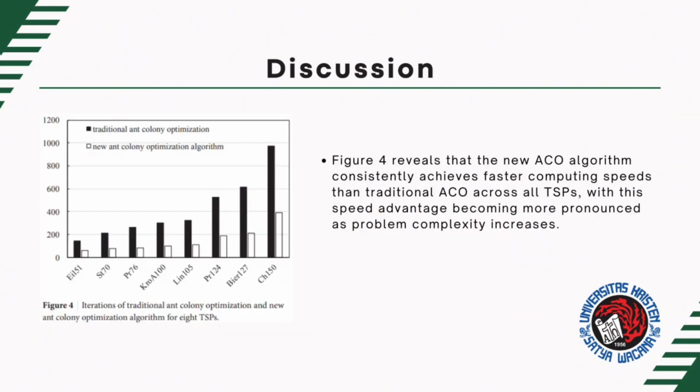Moreover, Figure 4 reveals that the new ACO algorithm consistently achieves faster computing speeds than traditional ACO across all TSPs, with this speed advantage becoming more pronounced as problem complexity increases.